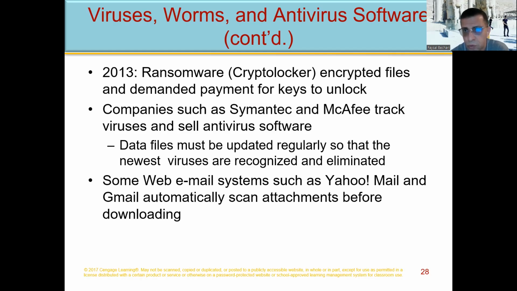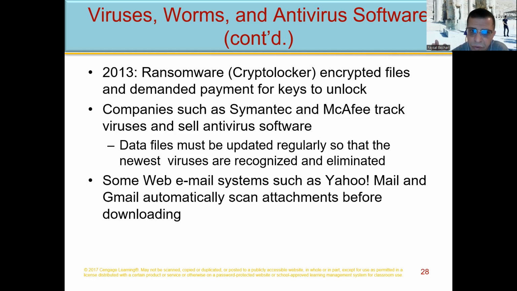There are companies that produce antiviruses, the known ones being McAfee and Symantec. They track the viruses and they sell antiviruses. But you also always need to update your antiviruses, such as Symantec or McAfee.